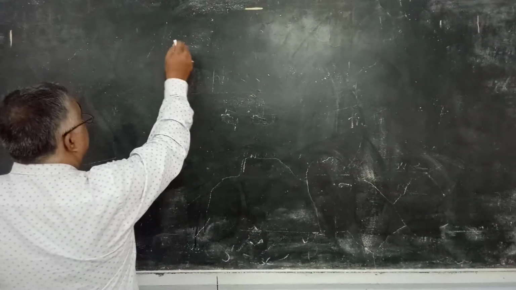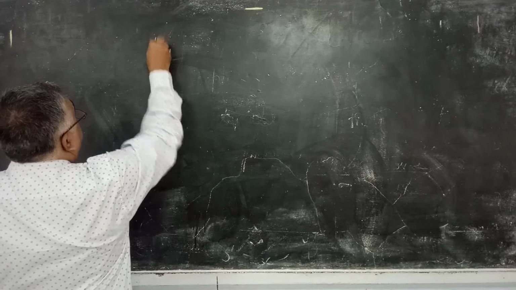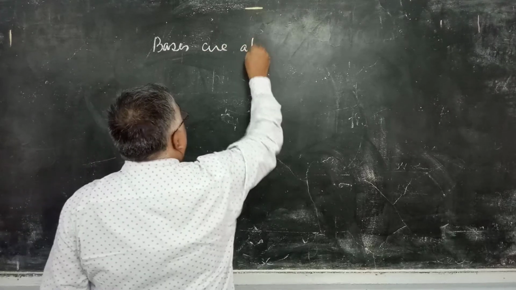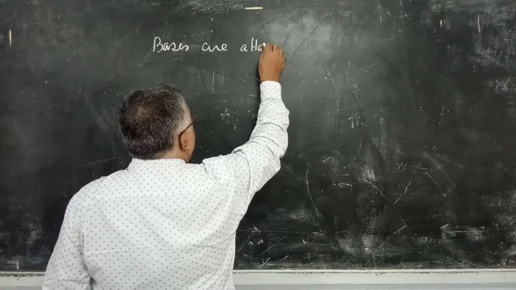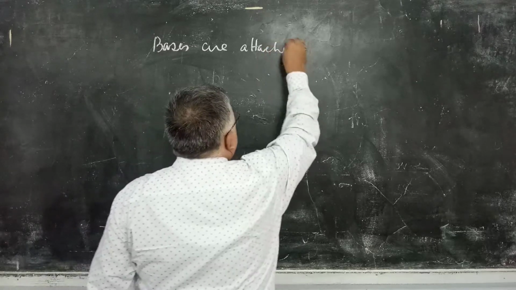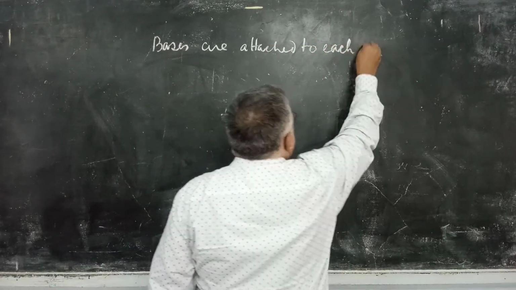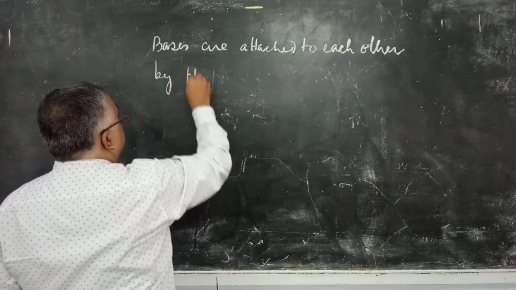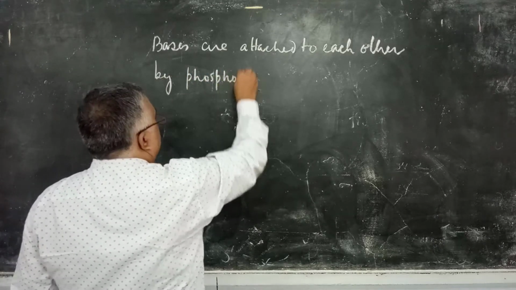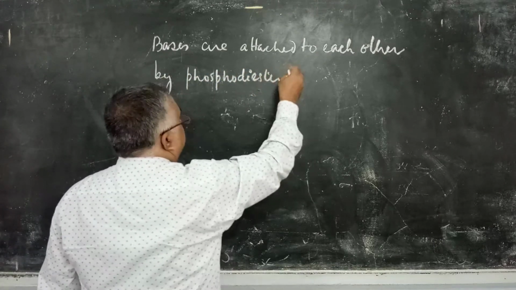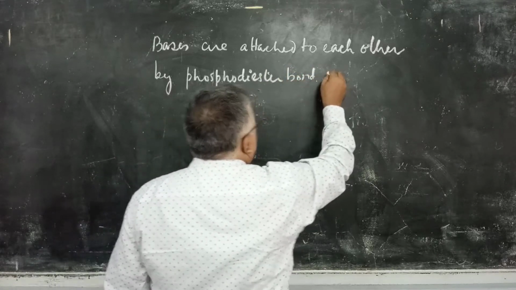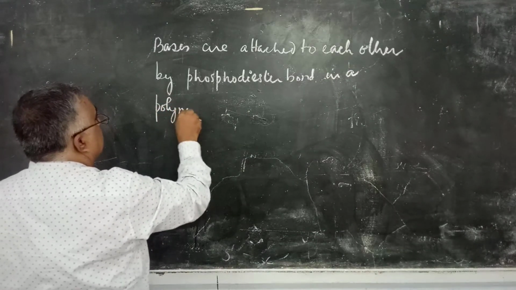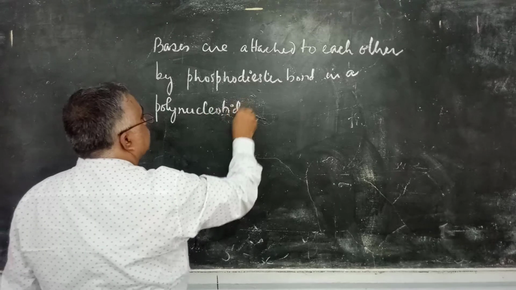As we have seen earlier, I told you that bases are attached to each other by phosphodiester bonds in a polynucleotide chain.